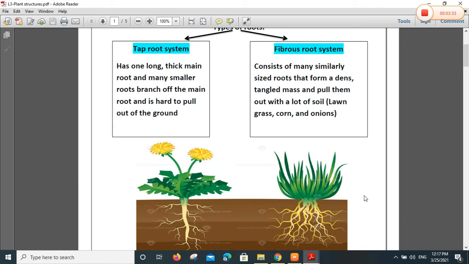It forms a dense tangled mass, so when you pull it, it carries a lot of soil, like lawn grass, corn, and onions.